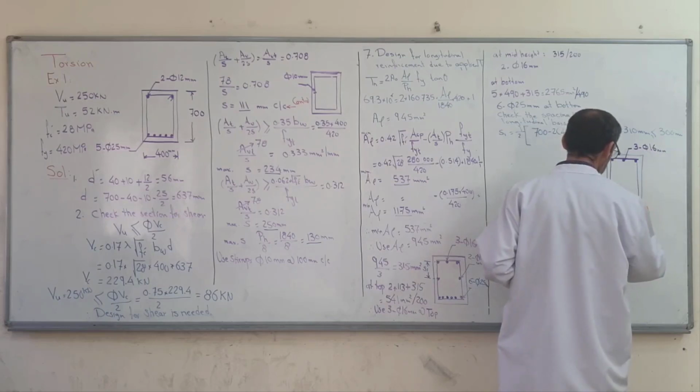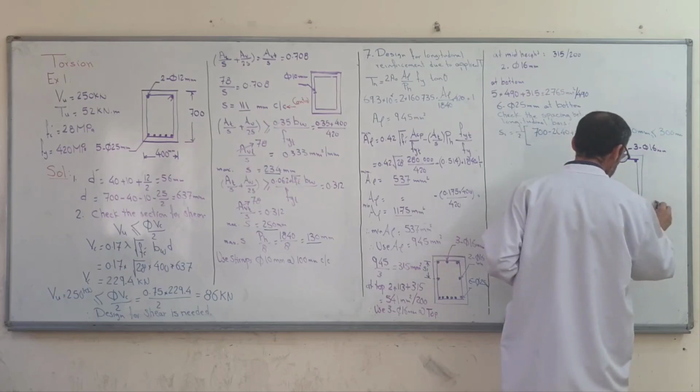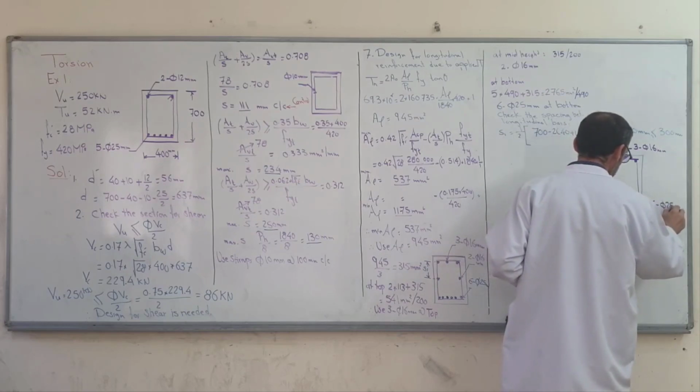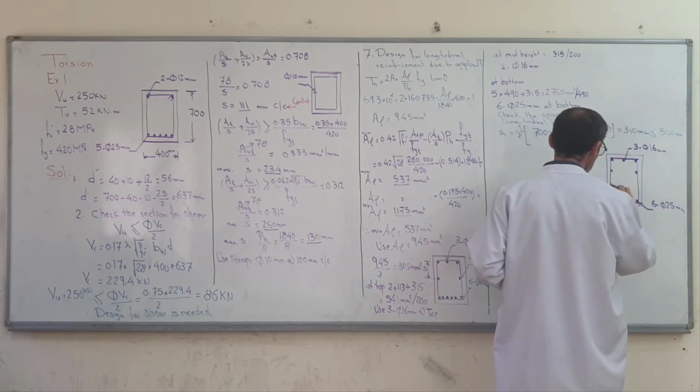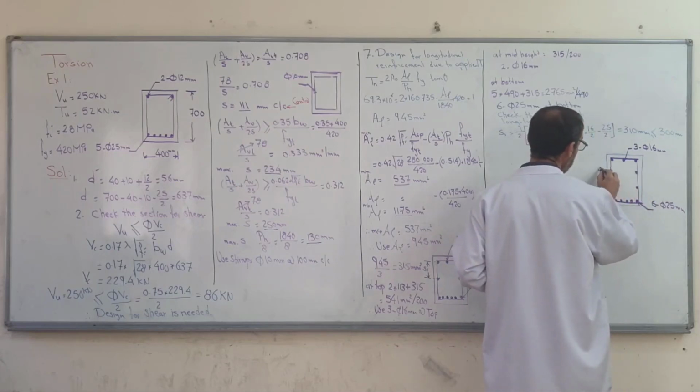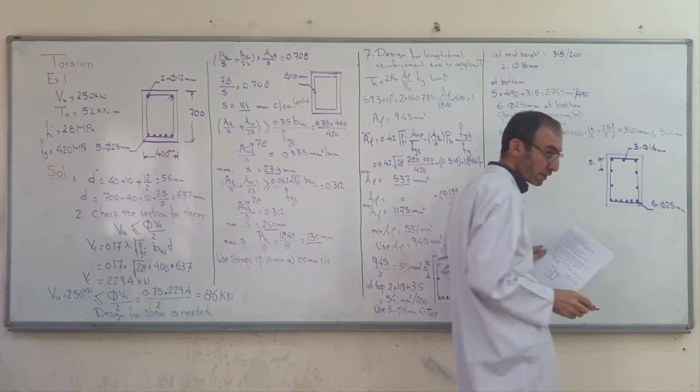At bottom we design 6 Φ25 millimeters, but here we must divide this distance into 3 spaces instead of 1 space.